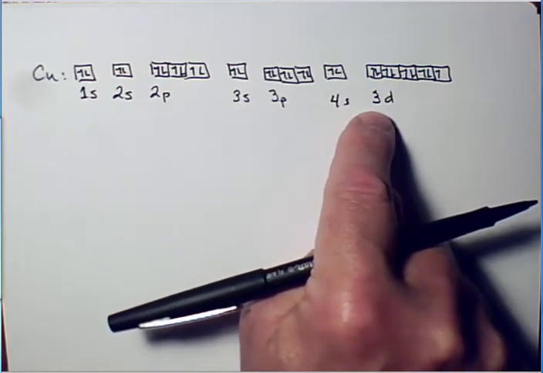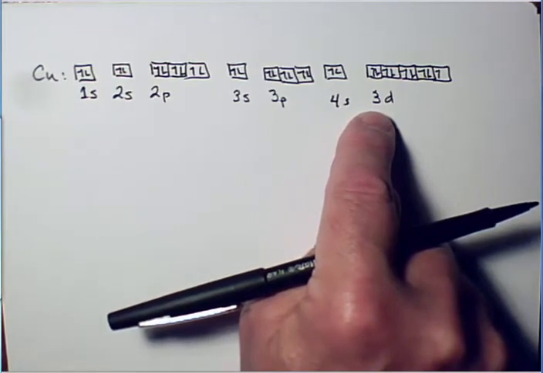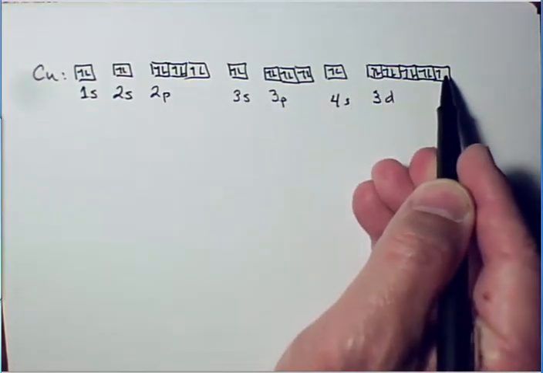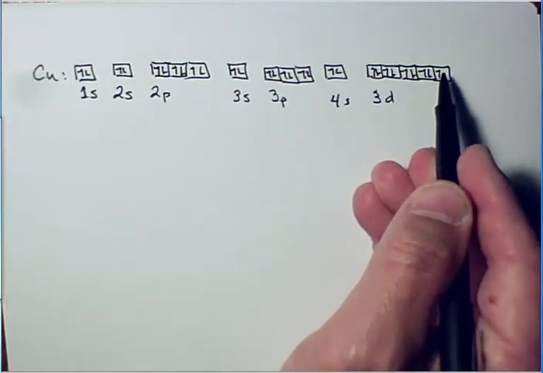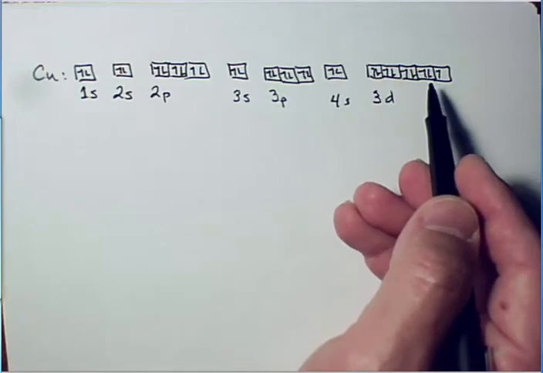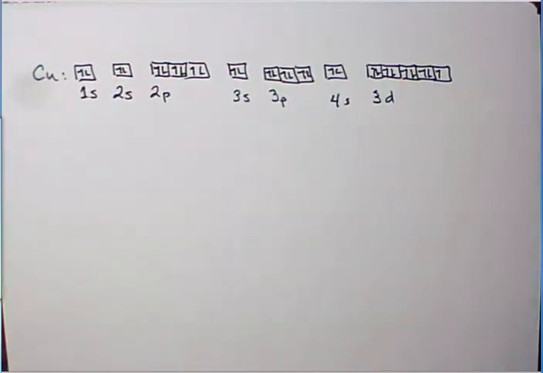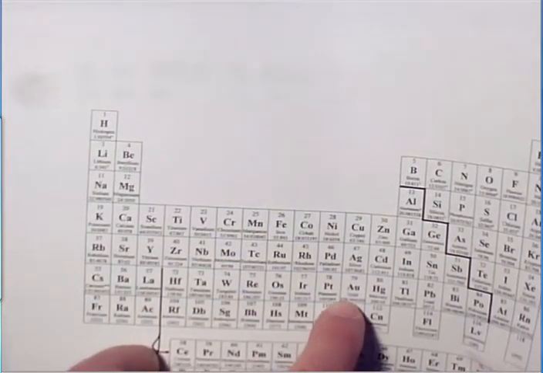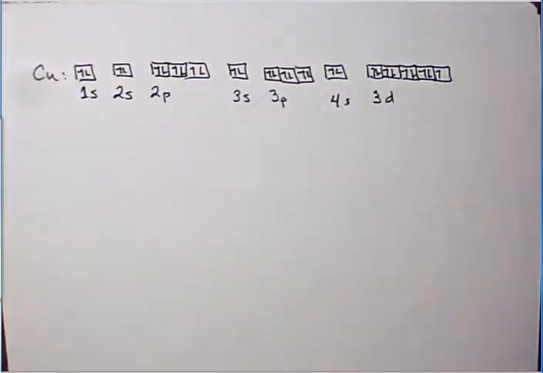I'm not going to expect you to do it in here, but I want you to know in college, for 5 elements in the transition metals area, there is an exception where you take an electron from 4s and actually put it down here to 3d. So copper really, in truth, has 1 electron here in a full 3d sublevel. That also happens for chromium, molybdenum, silver, and gold. But we're not going to worry about it in here.